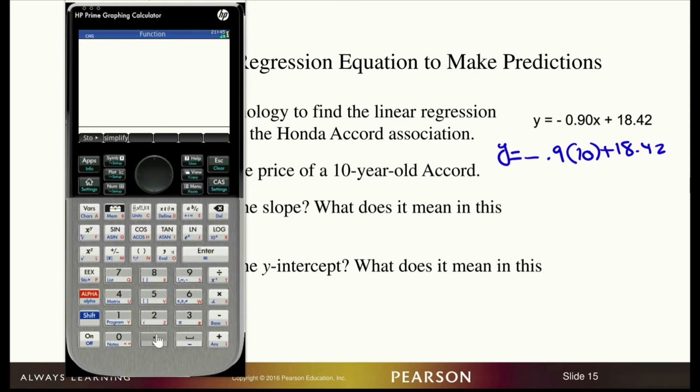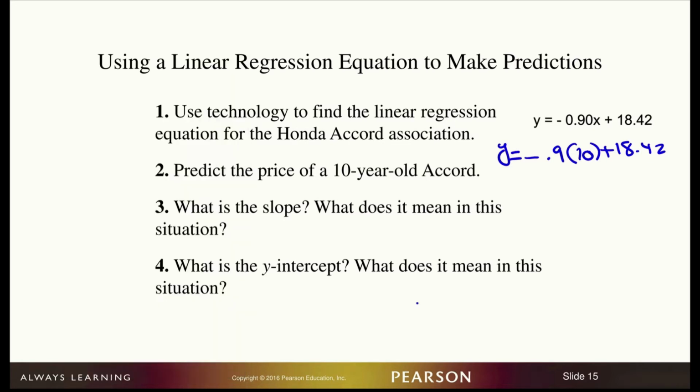So we carefully type in negative 0.9 times 10 plus 18.42. So we get 9.42.